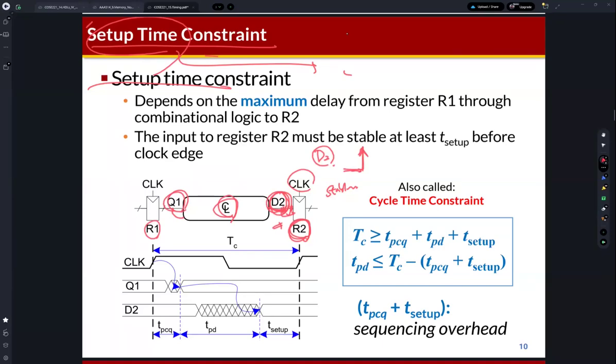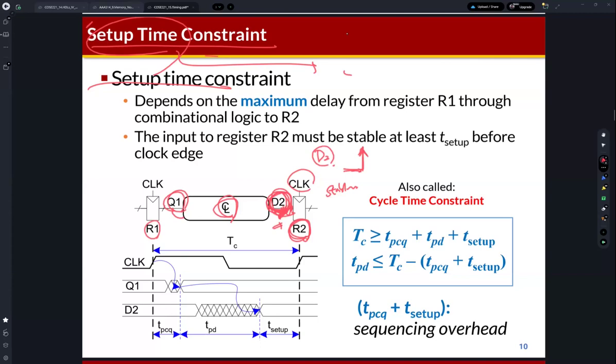This D2 signal needs to be stabilized the setup time before the rising edge of the clock. So for this point, we need to consider the maximum delay. The maximum delay at this point.